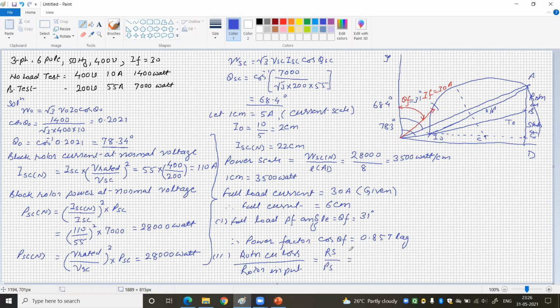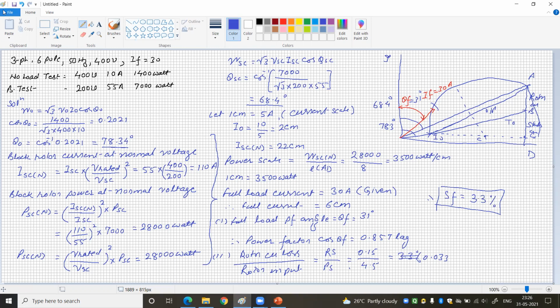If you measure in centimeter, it is 0.15 centimeter divided by 4.5 centimeter, which is 0.033, or 3.3% by multiplying by 100. So therefore, the full load slip SF is equal to 3.3%. The second parameter is found from the circle diagram.